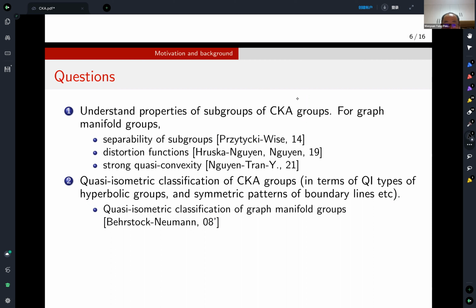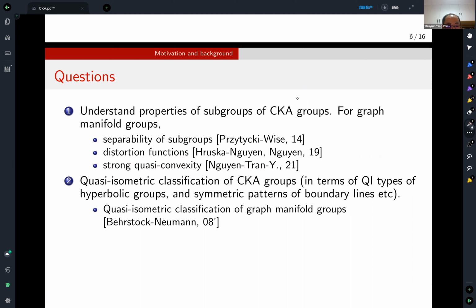For graph manifold groups, people understood well the separability of subgroups, the distortion functions of subgroups, and also the strong quasi-convexity of subgroups. In our talk, we will consider a generalization of this to general CK groups.